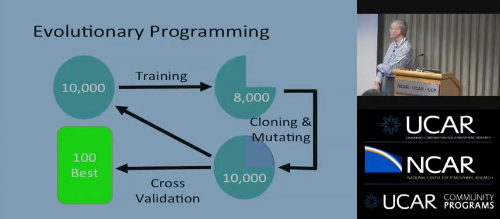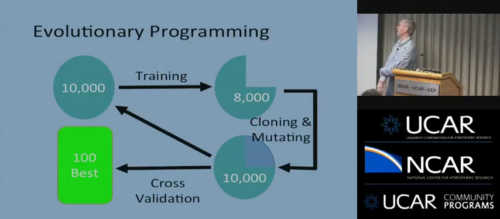So the evolutionary program here is a little bit different. It's not coevolution, it's a simpler form. We're going to start with this because I always think you should start simpler first and see how well you do with that before getting to more complex things. And so what we start with is a random set of algorithms, the same algorithm structure, population 10,000. They go through the training data, and then we chop off the worst performing 20%.